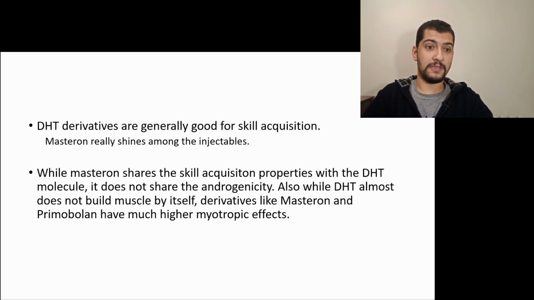As I said previously, DHT derivatives are generally good for your skill acquisition, and Masteron really shines among the injectables.